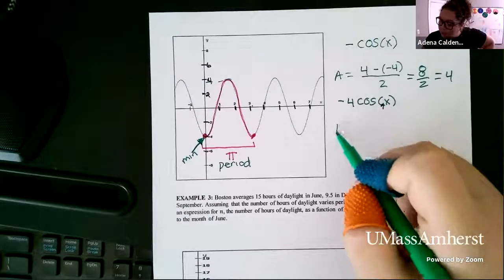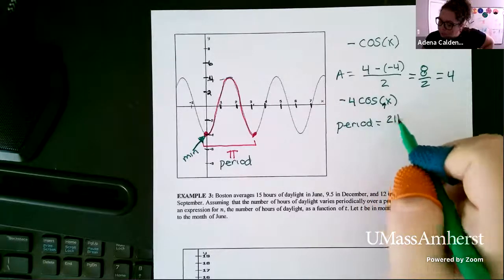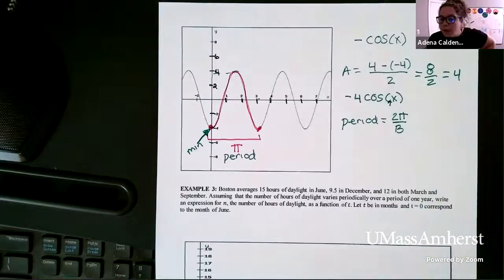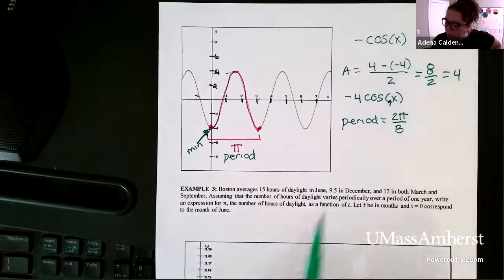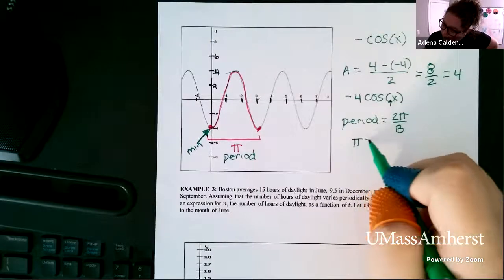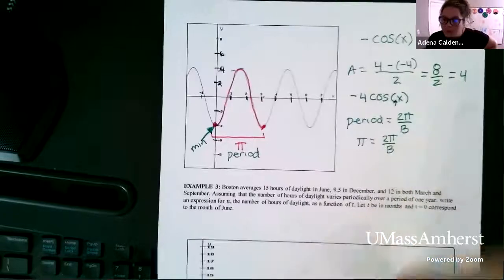So remember that the period equals 2 pi over b, and we are trying to solve for b. We know the period is pi. So we have pi equals 2 pi over b.